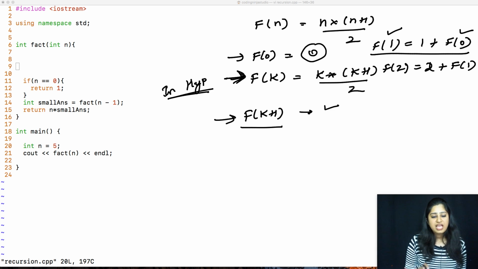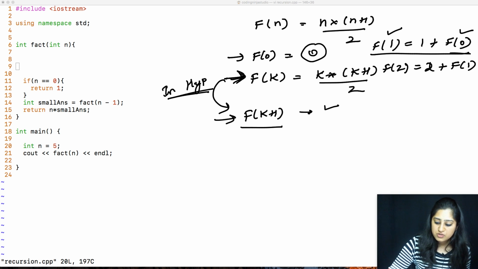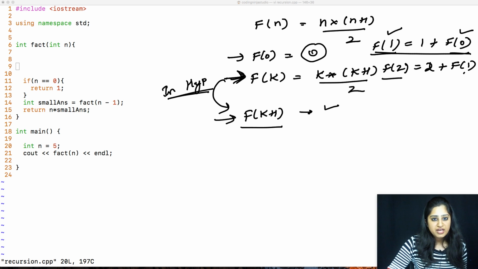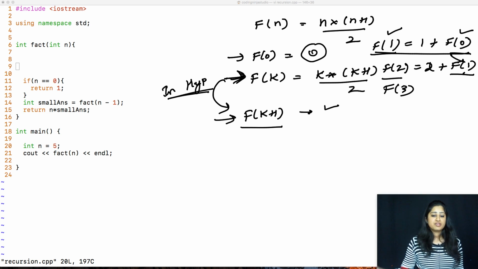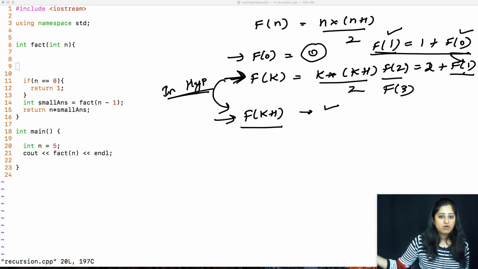So I can assume f of 1 will also work, because I have just taught induction how to take a step from f of k to f of k plus 1. So if f of 0 is true, I can say f of 1 is true. Now to calculate f of 2, I needed f of 1. Now I know f of 1 is figured out correctly, so I can say f of 2 is fine. Similarly, I can test it for any value of k, and it will work for all natural numbers. So PMI is no assumption, but valid logic is running behind it, right?